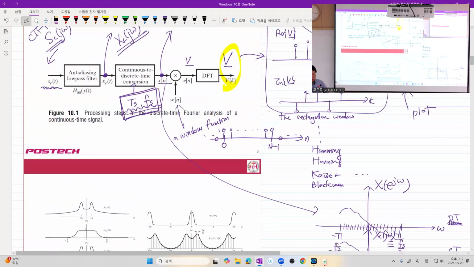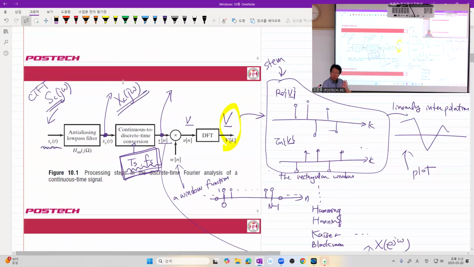Sometimes your problem would be, given this signal, design the anti-aliasing filter so that no information is lost. Design or select this sampling rate, select the window length to estimate the CTFT from DFT.